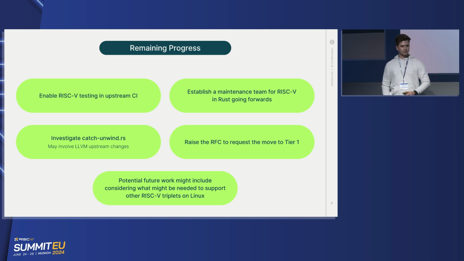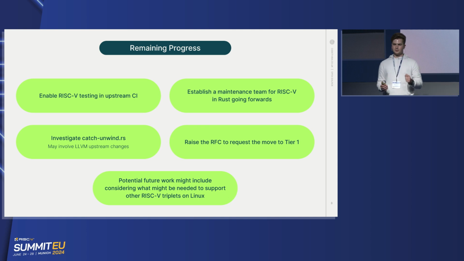We then start getting onto the home run, so we can then establish a maintenance team. We can't reach Tier-1 without a maintenance team, because otherwise you'd reach Tier-1, and then if there's no one maintaining it, you're going to fall back behind, and then you're technically Tier-2 anyway. So once we have the maintenance team, we then get to the final step, which is opening an RFC, a request for change, to ask the Rust maintainers to take RISC-V from a Tier-2 target up to a Tier-1 target.